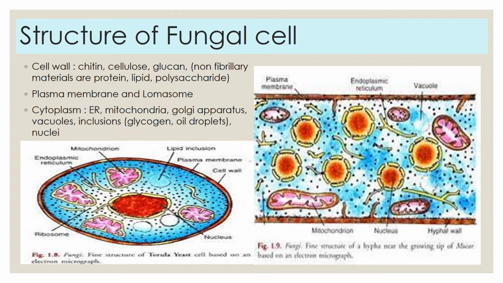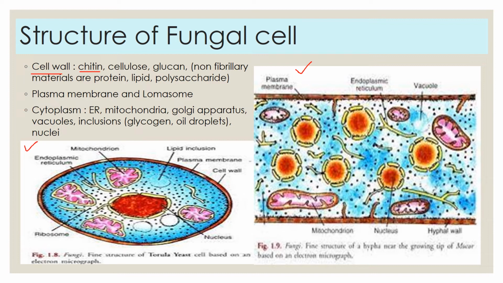So, the structure of the fungal cell. Here we see the structure of a unicellular fungus, and this is the structure of a hyphal or mycelial fungus. So every fungus has a cell wall, and the characteristic feature of the cell wall of fungi is that it contains chitin.